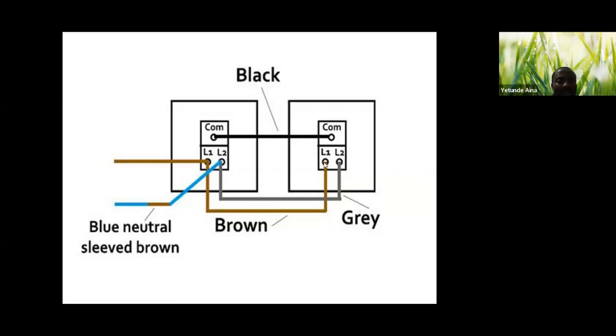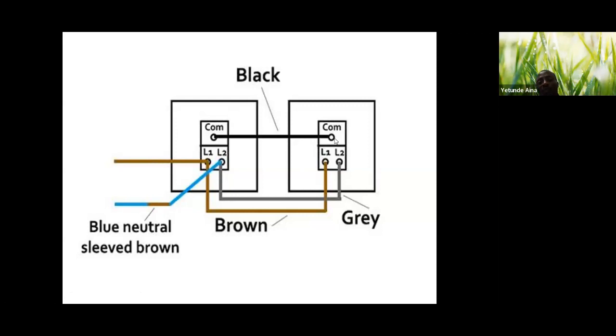Then line 2, that is the feedback, from the first switch will be linked to line 2 of the second switch. Then after that, they are common. You will loop the two of them together. You join their common together.